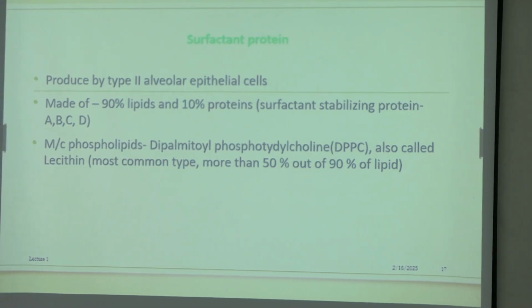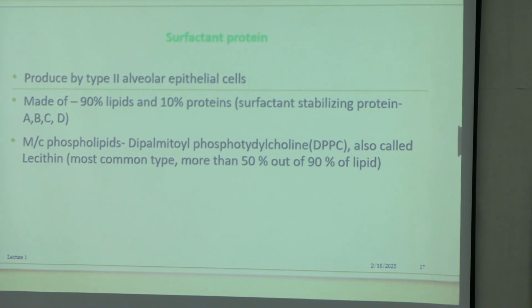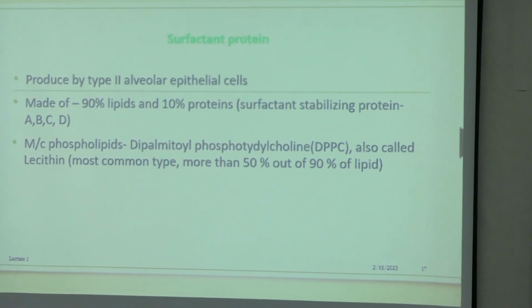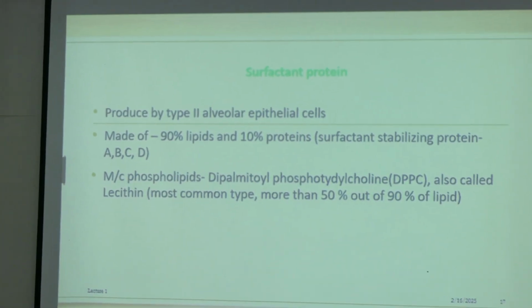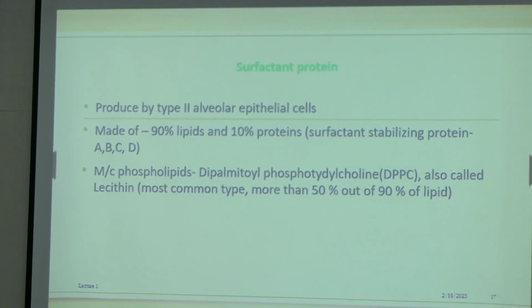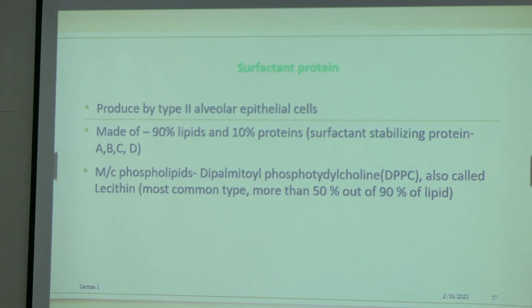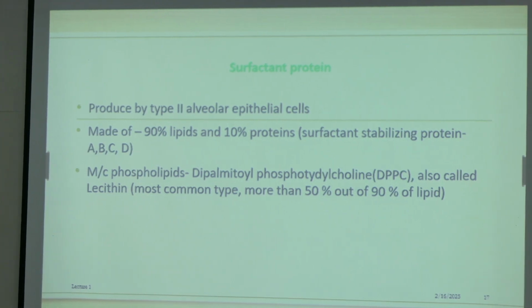The surfactant protein is again produced by the type 2 alveolar epithelial cell. It is basically made up of lipid and protein. The major portion of this surfactant is composed of lipid, around 90%, and only 10% protein.